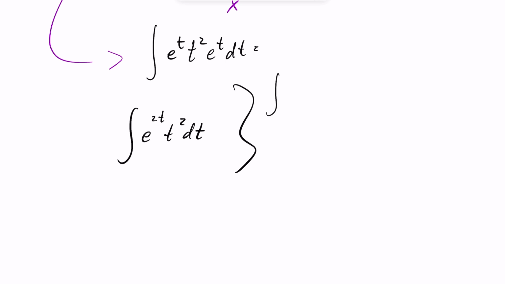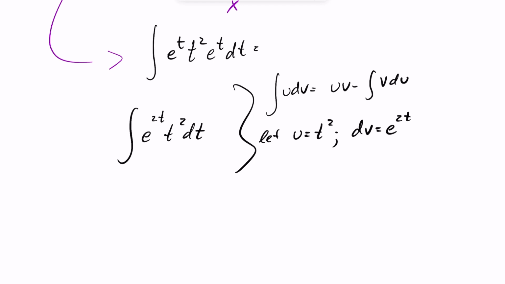Remember that the integral of u dv using integration by parts is uv minus the integral of v du. So I'm going to let u equal t squared, and I'll let dv equal e to the 2t dt, in which case du is 2t dt, and v is going to be 1/2 e to the 2t.